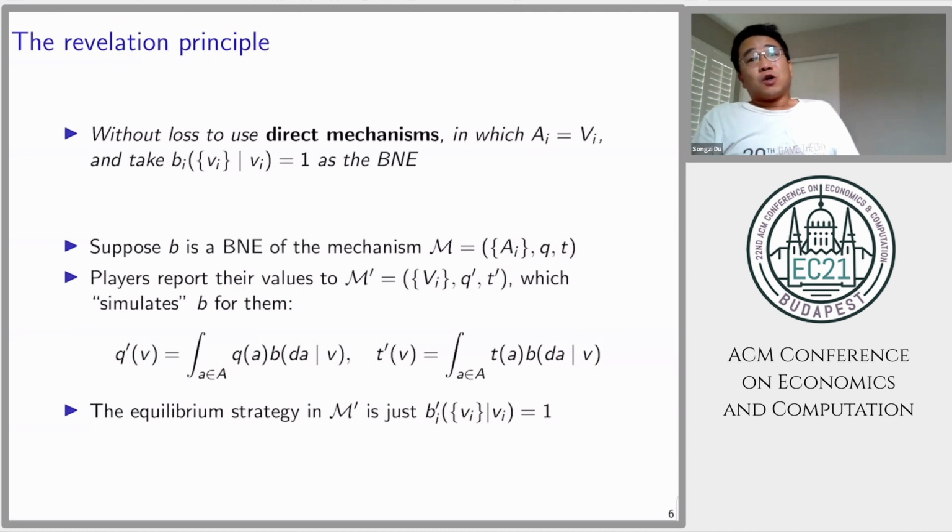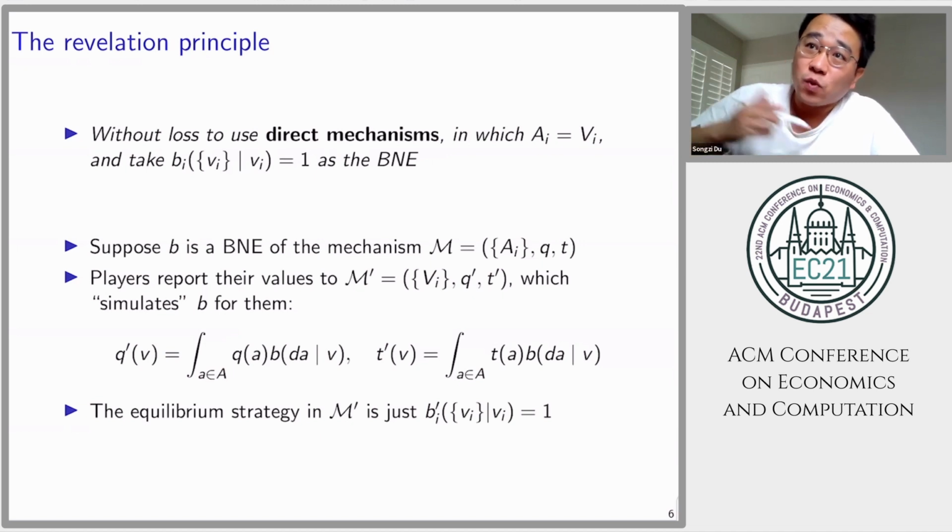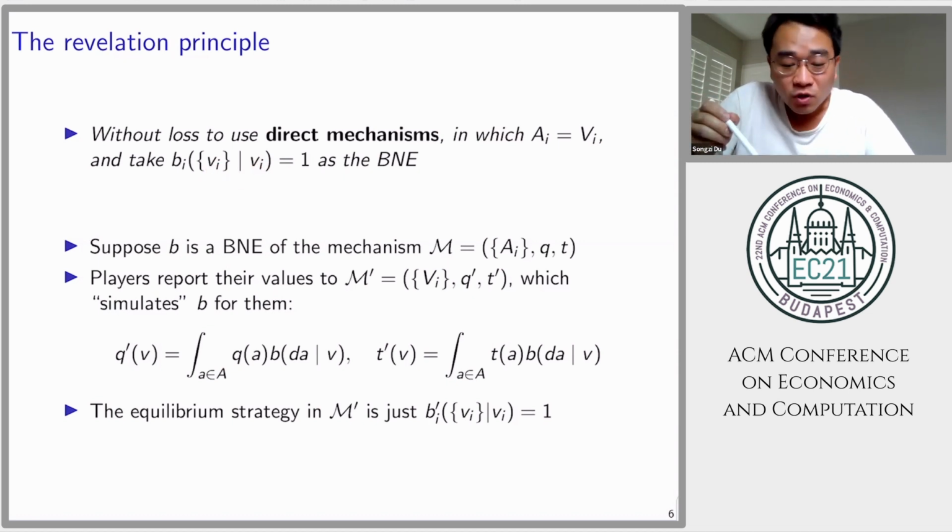As is well known, we can simplify the auction design problem by focusing on direct mechanisms in which the action space is exactly equal to the value space, or the type space. And then we can just focus on truthful equilibrium in which every bidder of every type reports his or her type truthfully.